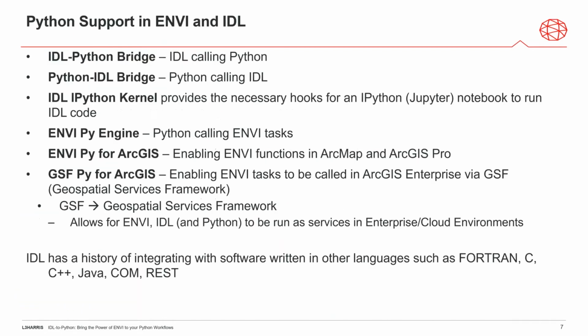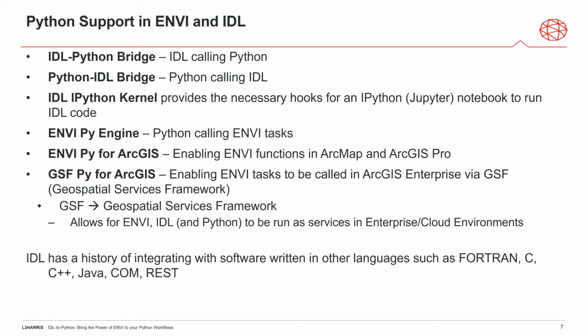Okay. All right, so we're going to break this down in a little more detail. So when we talk about the IDL Python bridge, the nomenclature we're going to use, if it's IDL Python, meaning we're in IDL and we're calling Python. The Python IDL bridge is the opposite.